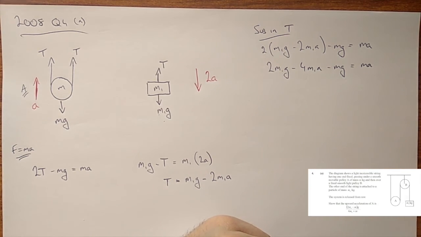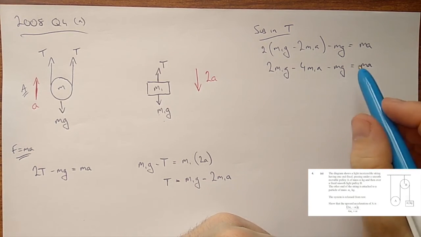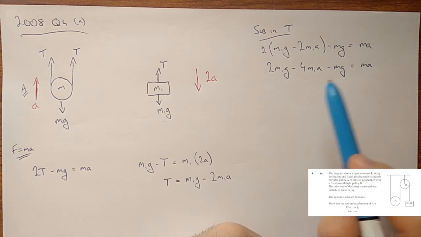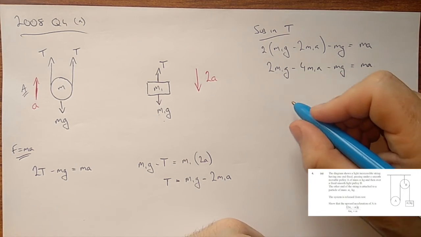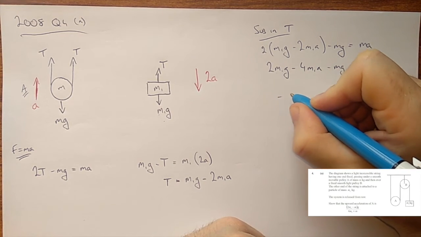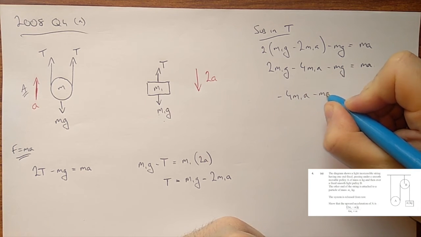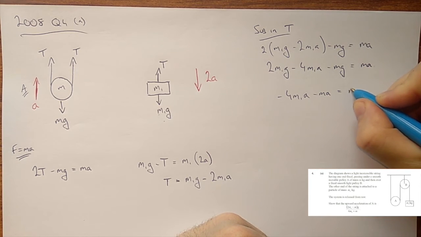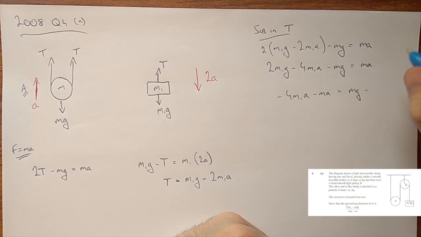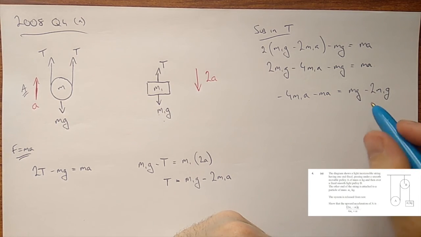At this point, I go back and have a peek at the solution. What am I looking for? And it's looking kind of right. I've got 4s and all these different bits and pieces. So let's begin to put our acceleration on this side, everything else on that side. We are going to bring this guy over here. So I get minus 4m1a minus ma, these across, and that's going to be mg minus 2m1g.